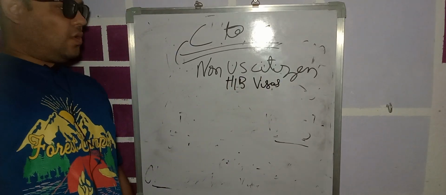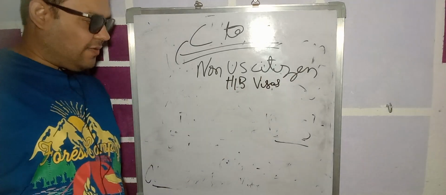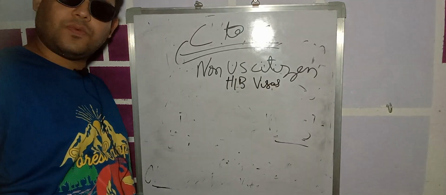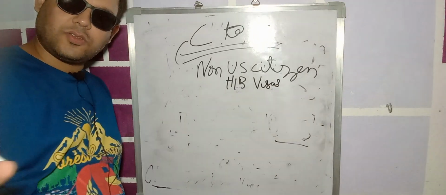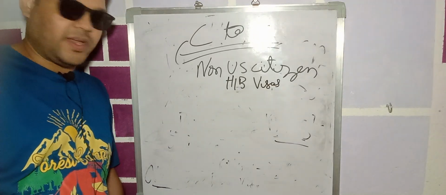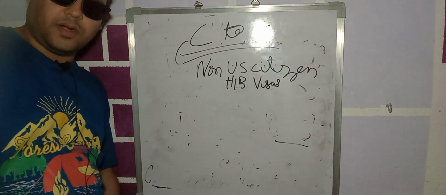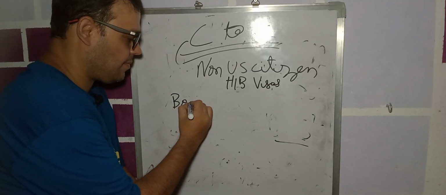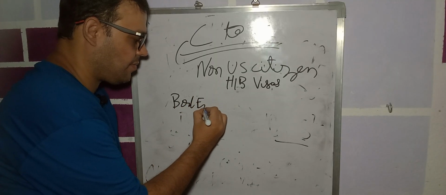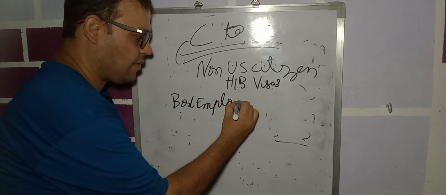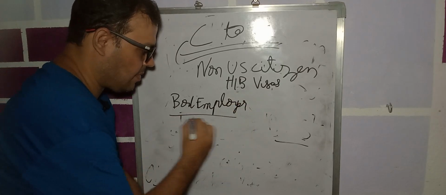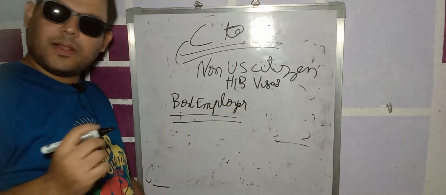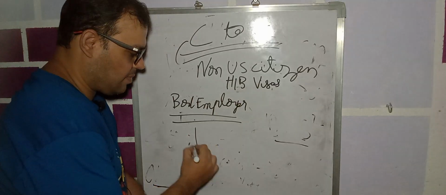If you are a Java developer and you want to work for Microsoft, you can't just go and work directly for Microsoft. You need to have an employer, Bob. You are working for Bob.